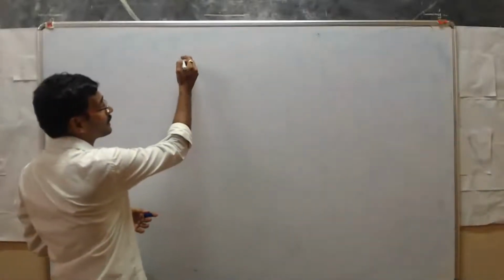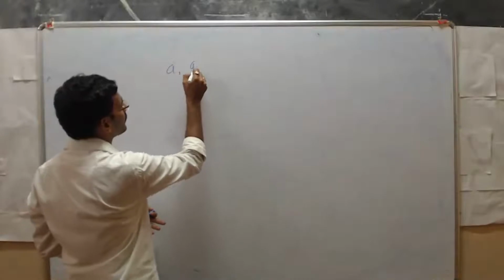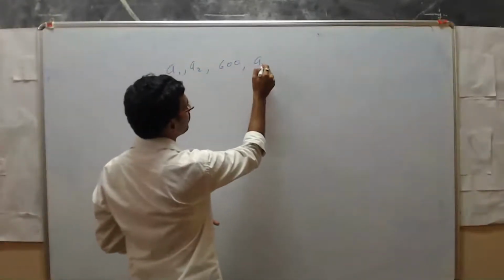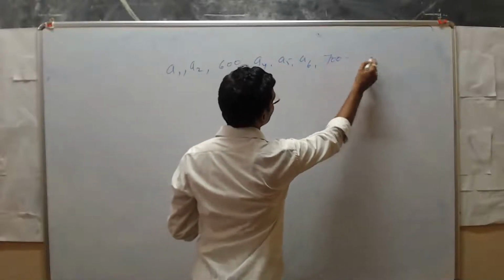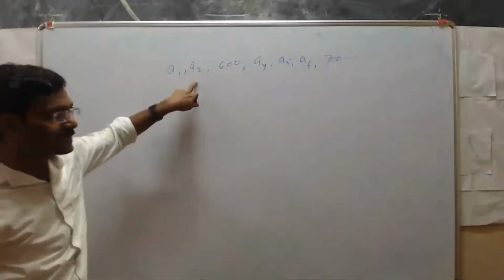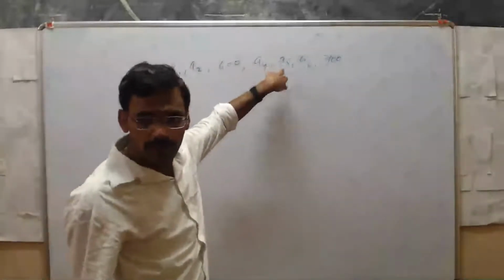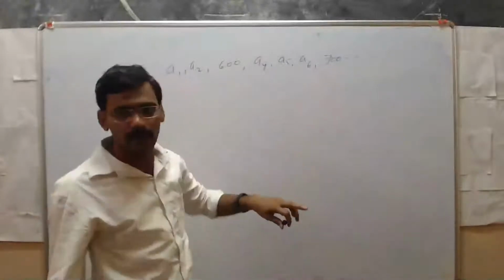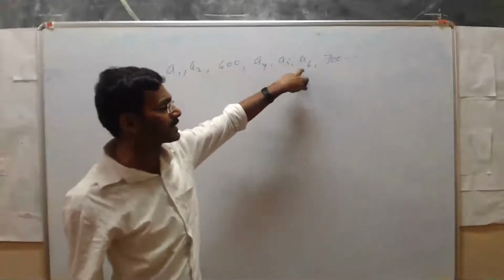Here, third year means first year, second year, third year: A1, A2, A3. Third year is how much? 600. Fourth year we don't know. Fifth year we don't know. Sixth year we don't know. Seventh year is how much? 700. First year means A1, second year is A2, third year is 600, fourth year A4, fifth year, sixth year, seventh year is 700: A1, A2, A3, A4, A5, A6, A7.